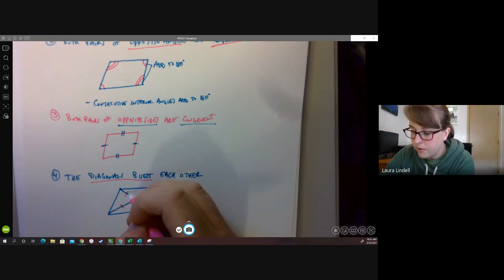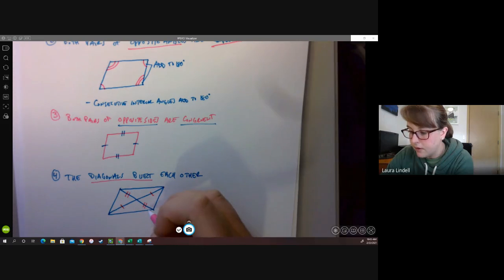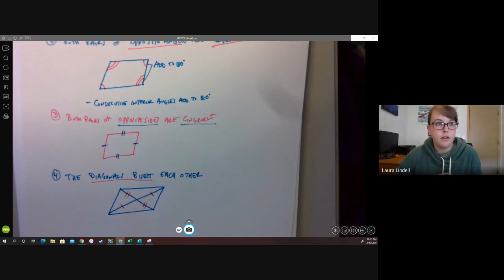And also these two pieces would be equal to each other because this line is cutting the other diagonal in half as well. So that's what it means to say that the diagonals bisect each other. So there's our 4 properties. I'll give everyone a moment to finish writing them down. And then we'll move on to doing some examples of how we actually use these properties.